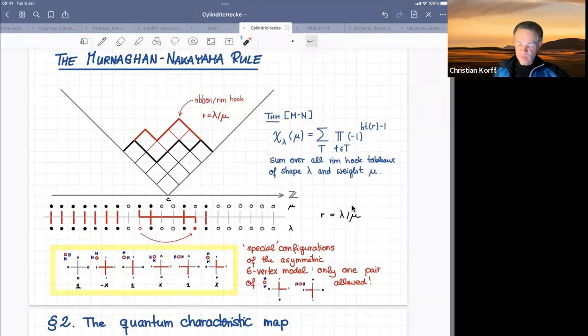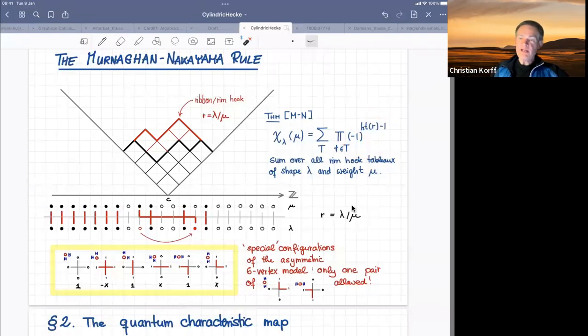And if you do this decomposition into ribbons, every time you have such a ribbon, you multiply by a factor, which is just -1 to the power of the height of the ribbon. That's how many rows it occupies in the Young diagram, minus 1.